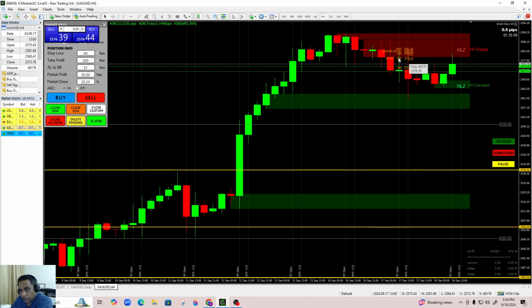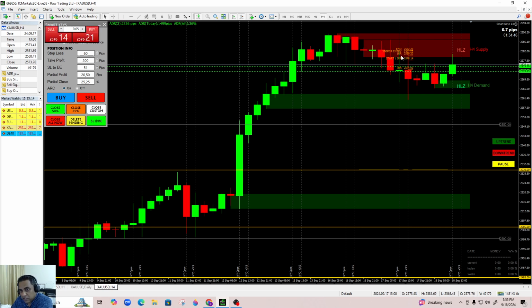If these wicks weren't there, I'd be a lot more confident about this area because you have a drop, a clean base, and then a clean drop after that, all the way coming down. If this was one red bearish candle, or two bearish candles coming down without touching this zone, it would have been better for me.